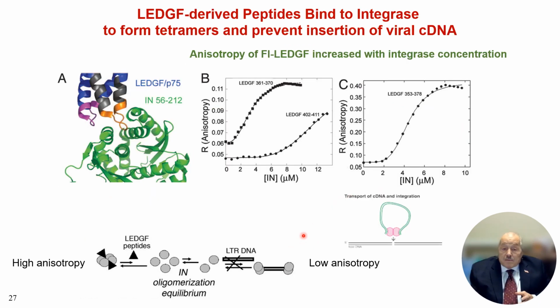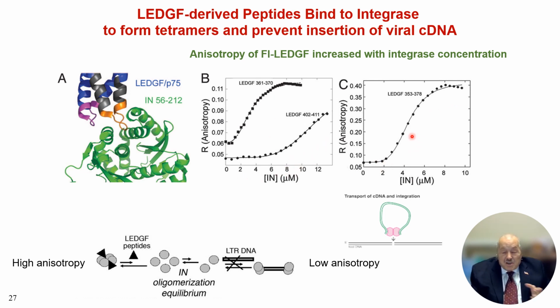And that effect was investigated by looking at the steady state anisotropies. What they found was that certain fragments, this is the integrase concentration here, associated much more strongly, of course at higher concentrations to make things associate, in the presence of one peptide, but not in the presence of another peptide.